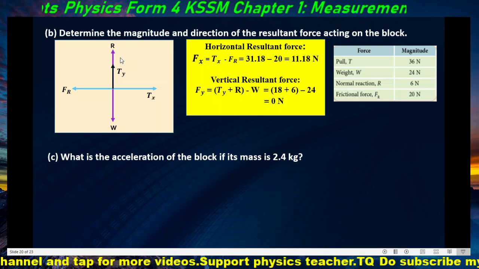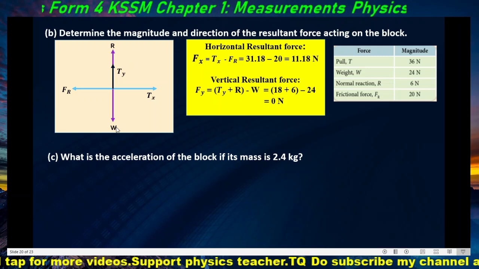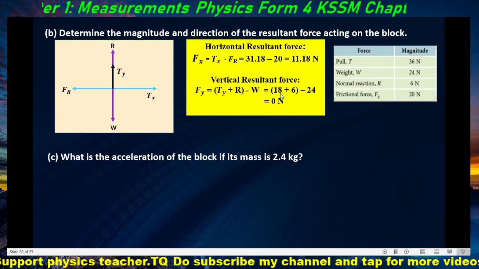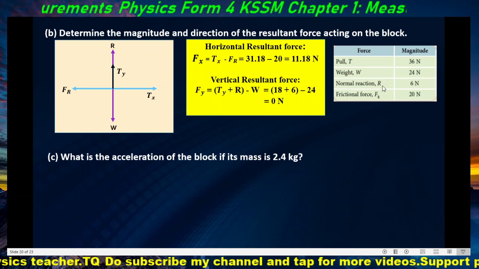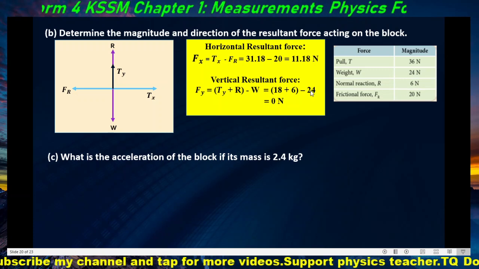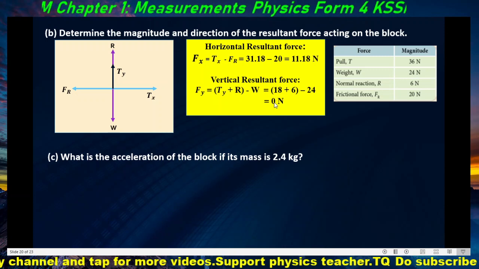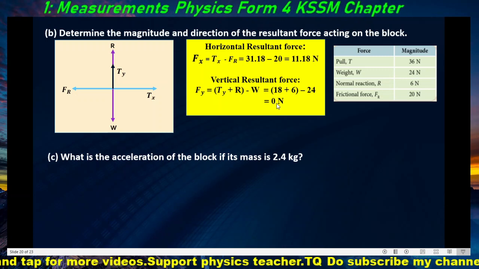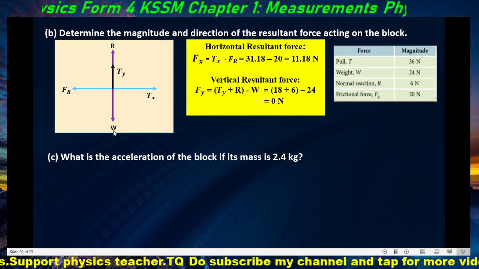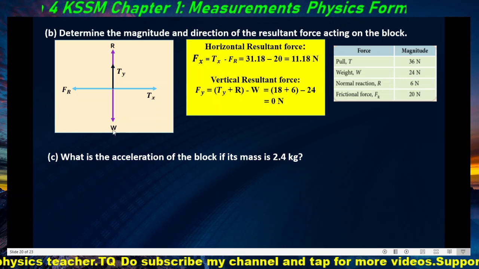Thus, Ty plus R minus W. Ty we have calculated from part A, 18. The value of R is 6. W is 24. Thus, in the end, we get Fy equals to 0. So, resultant force for vertical forces is 0, meaning forces are balanced.